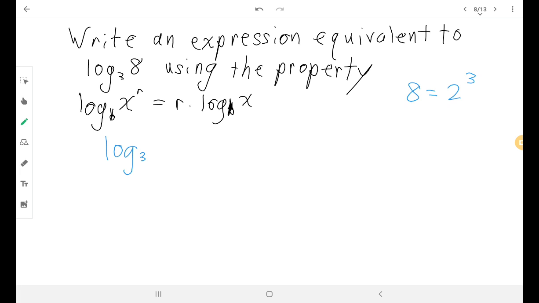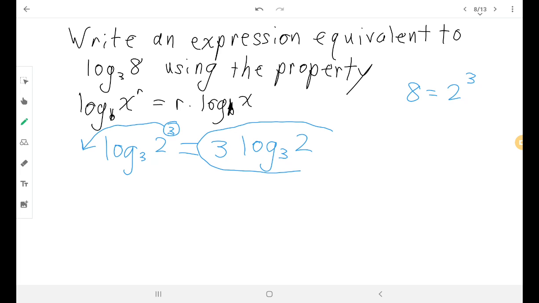So instead of writing log base 3 of 8, I might write log base 3 of 2 to the third, and then take this 3 and bring it out to the front as multiplication. So then it would be 3 times log base 3 of 2, and that would be my answer.